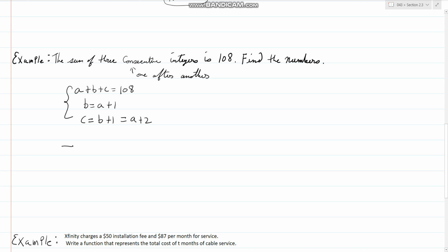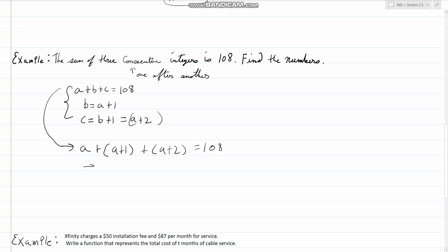So if I want to do one equation, I'm rewriting the first equation here: A plus, for B, I have A plus 1, and for C, I have A plus 2, and I know that that equals 108.